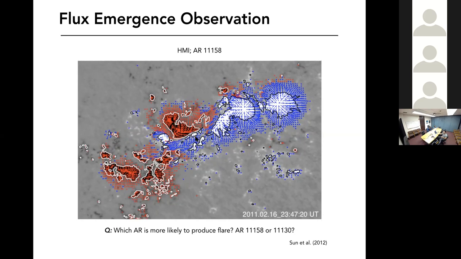So if that's true, and also the helicity holds constant, there's the so-called Woltjer's theorem that the potential field corresponding to your surface boundary condition is the lowest energy state. So you can release only the part of magnetic energy above that lower energy limit. So there's only a small portion of the magnetic energy that could be released.